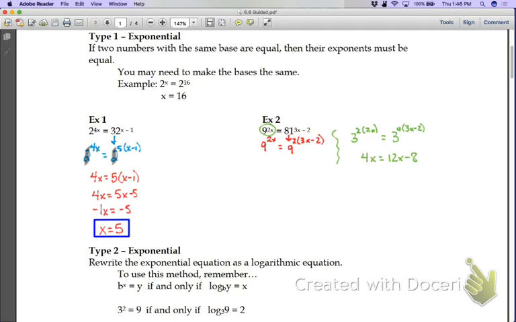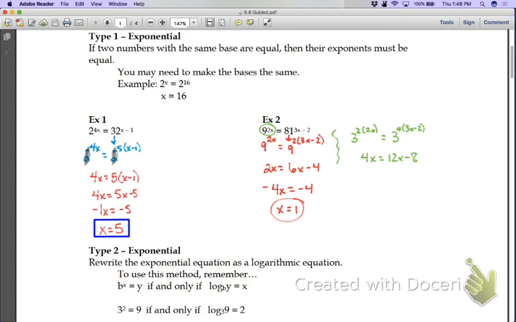We're still going to get the same answer. The one on the left and the one on the right, I'm still going to get 2x equal to 6x minus 4. Negative 4x equal to negative 4, and x is equal to 1.